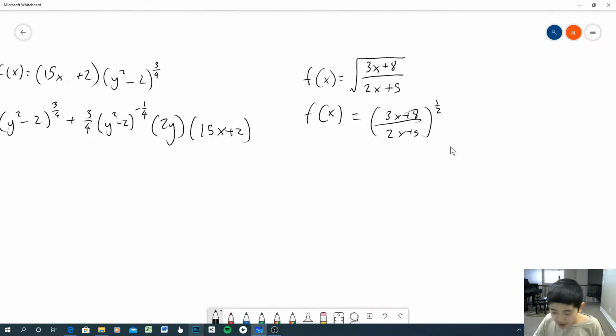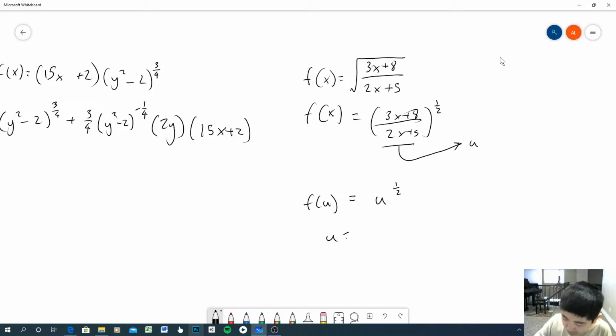And applying the chain rule, since this is a bit more complicated, I'll take the long route and actually use u. So this will become our u, and then f of u would become u to the power of 1 over 2, and u equals 3x plus 8 over 2x plus 5.